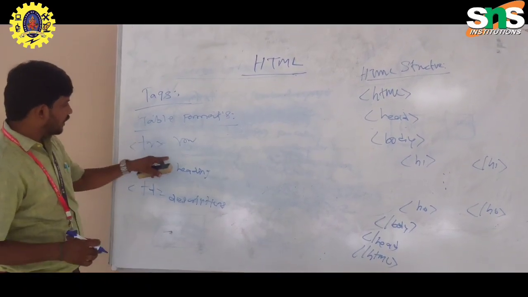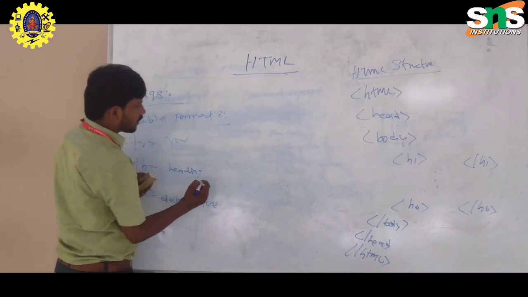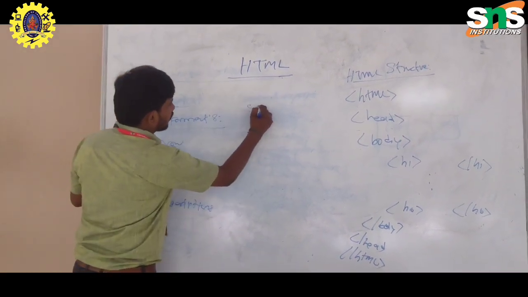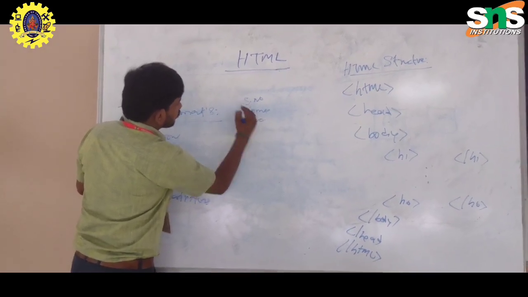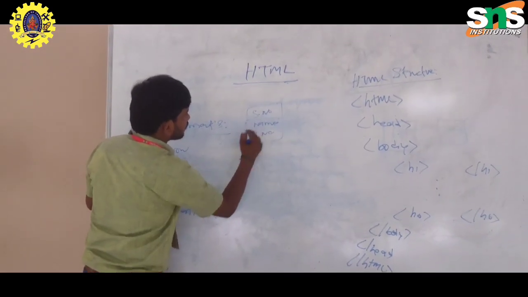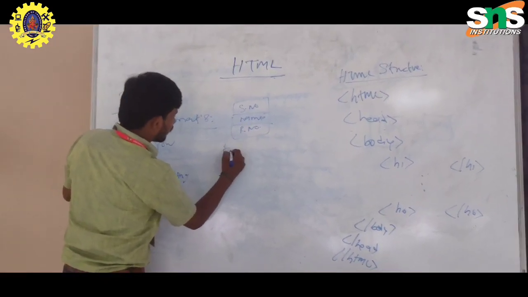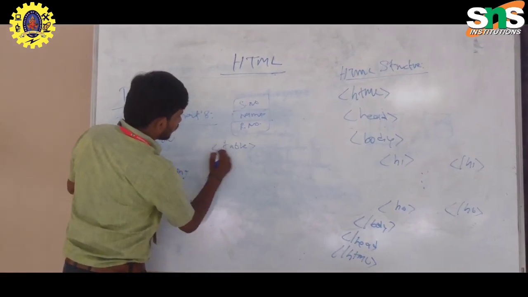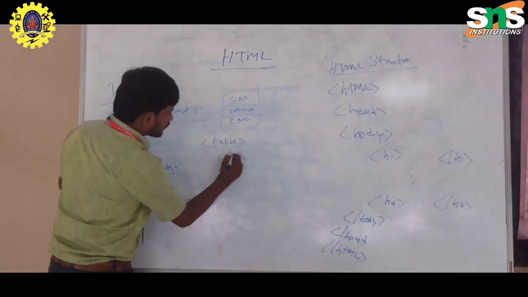To write TR and TH, suppose we need to create three categories: serial number, name, and register number. These are three different details we store in a table. So we create a table with the table tag, and then a TR, which means a row.